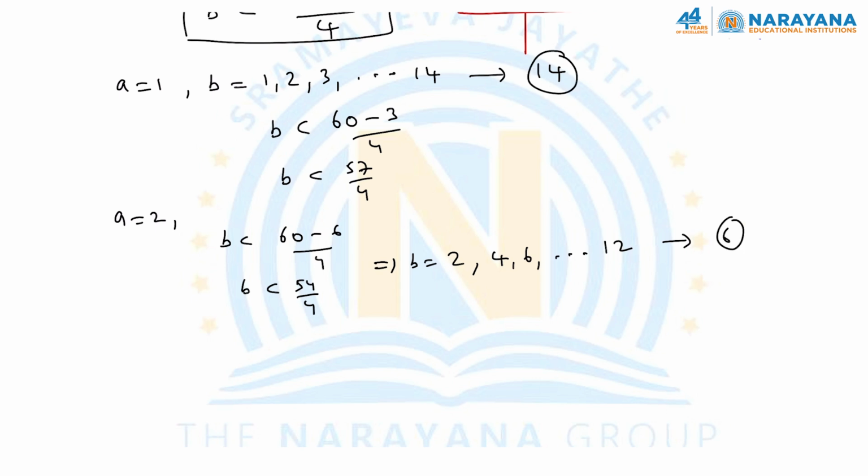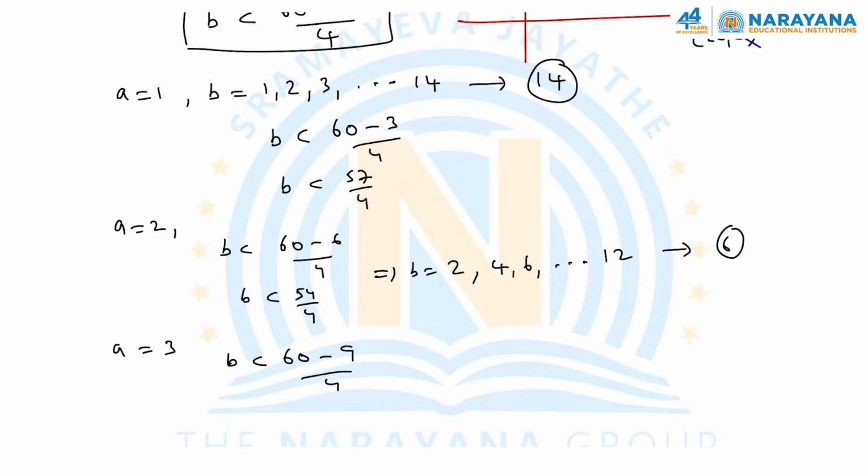Similarly, if I am taking a equal to 3, we will get b less than (60 minus 9) by 4. So b less than 51 by 4. So this implies b is equal to 3, 6, 9, 12. So we'll get 4 values, because after 12, b will be greater than that.